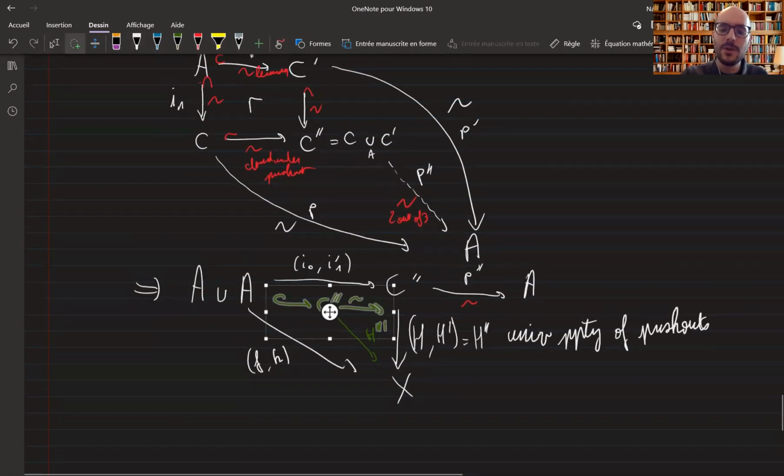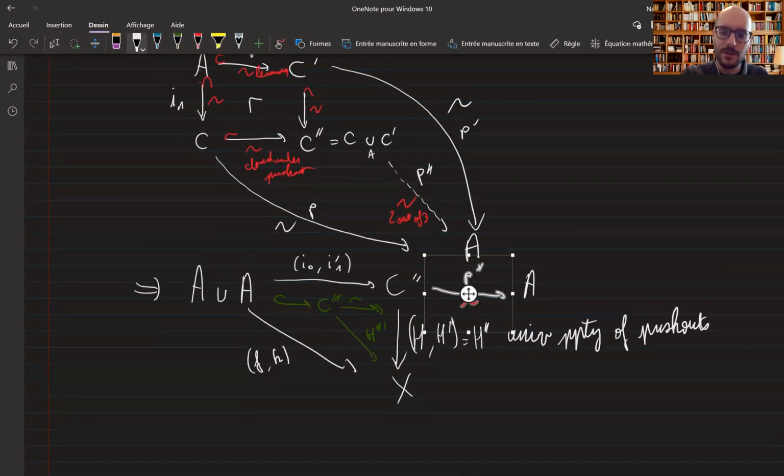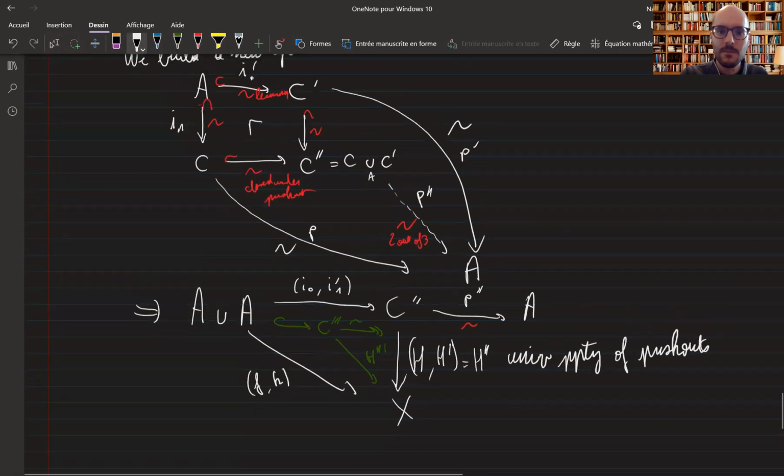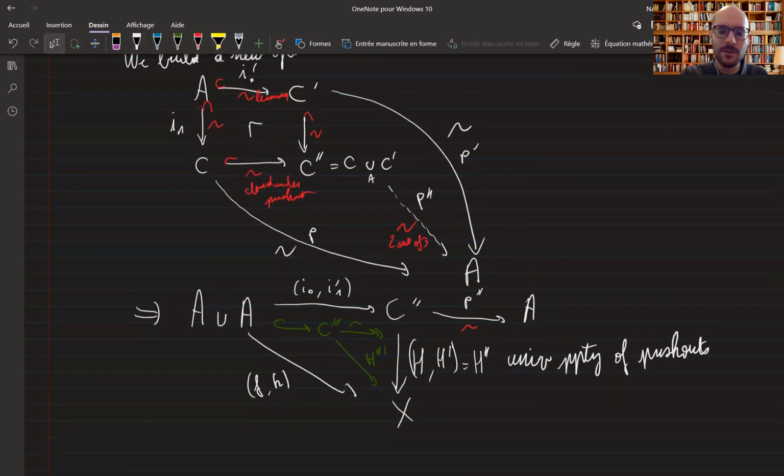All right, the important point is that this map here is acyclic. Like, this is very important. So any questions about this proof?